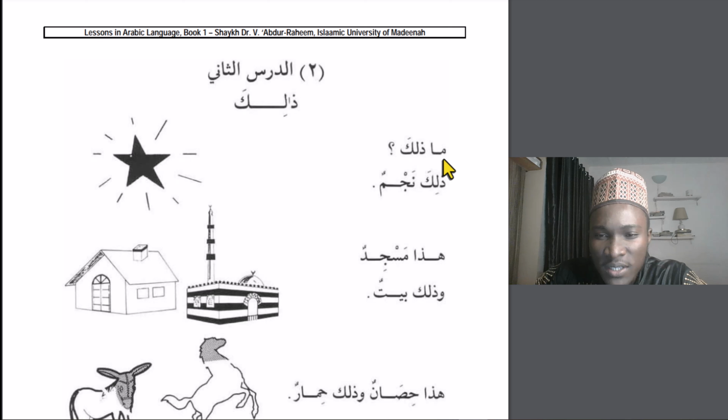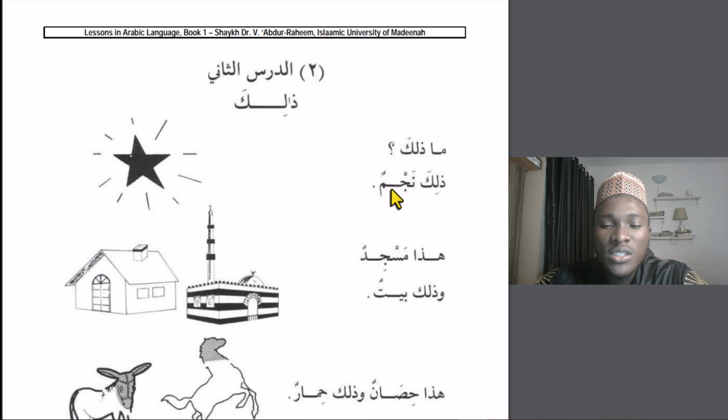So we start with ma dhalik. What is that? Like we said earlier, ma is used for istifham, to know about something. This type of ma is what is called ma istifhamiyya.